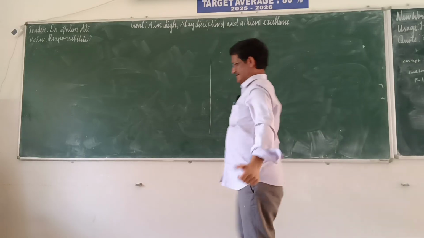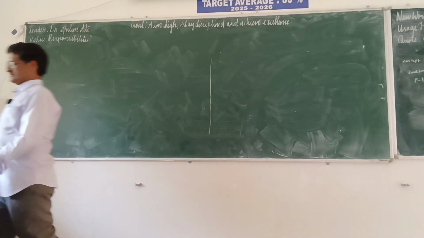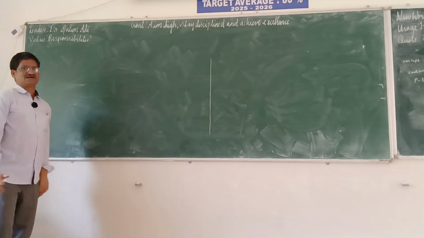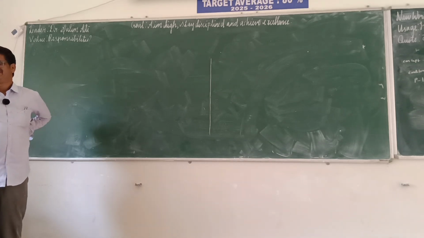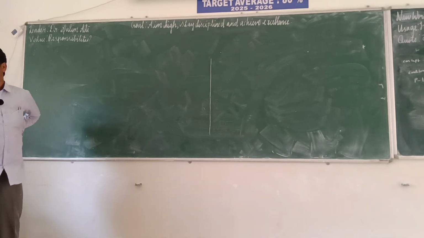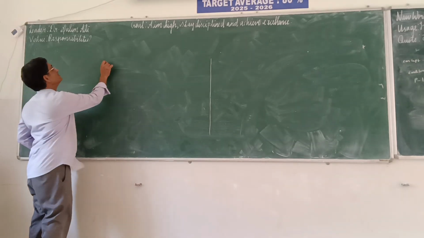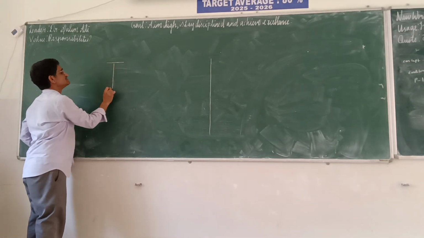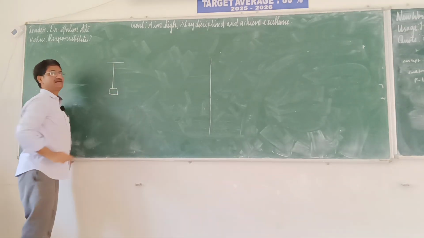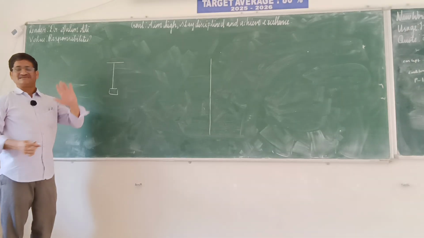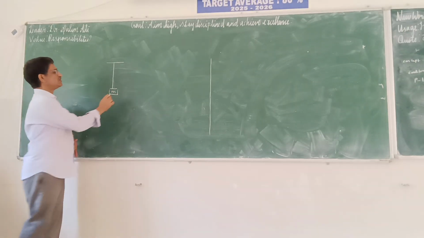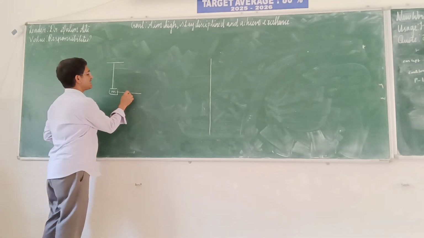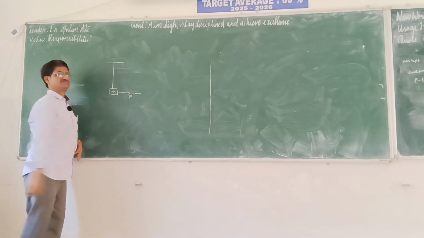Now see, the triangular concept. We will take another model in mechanics. Many times this NEET question is asked. Suppose a body of mass M is pulled with a horizontal force.